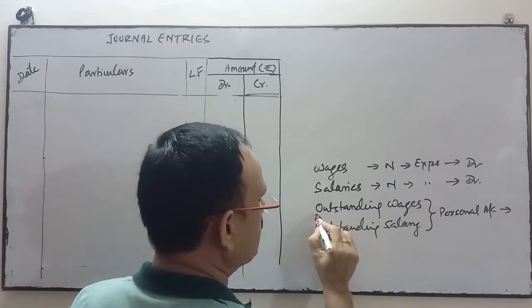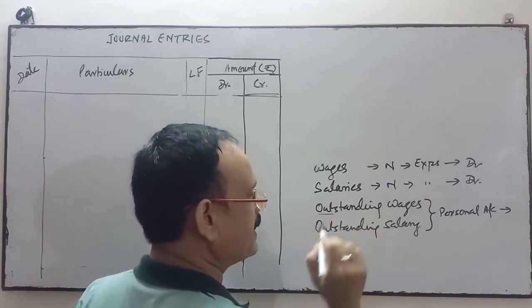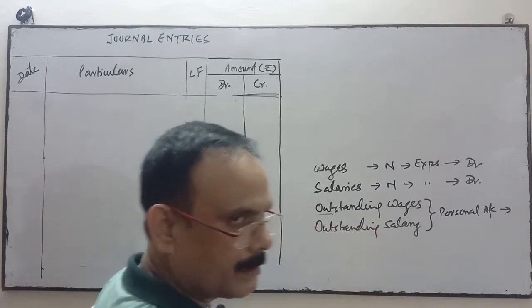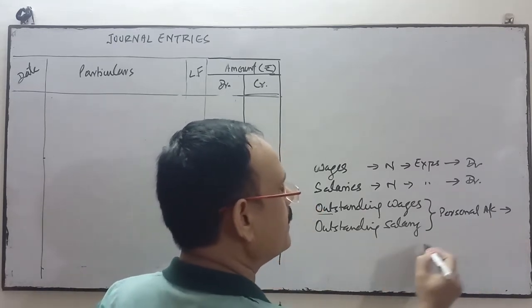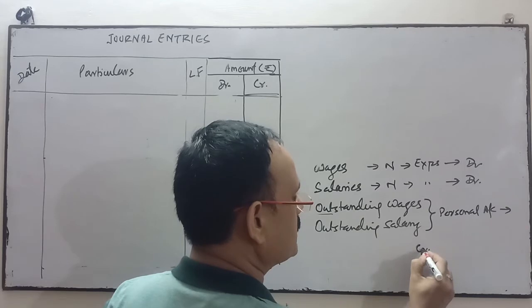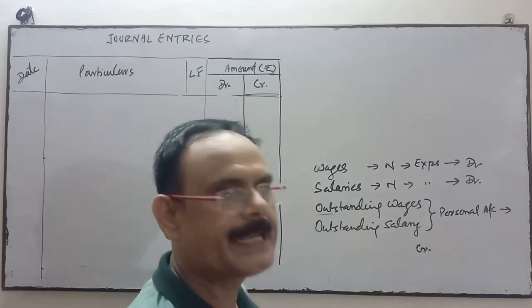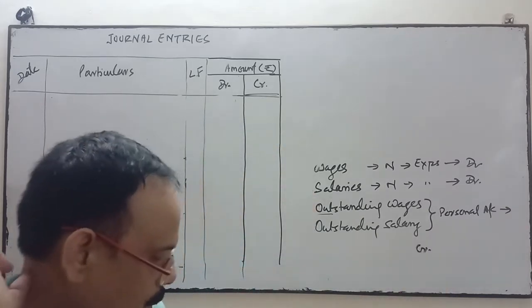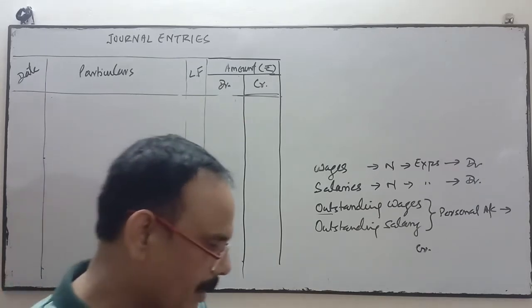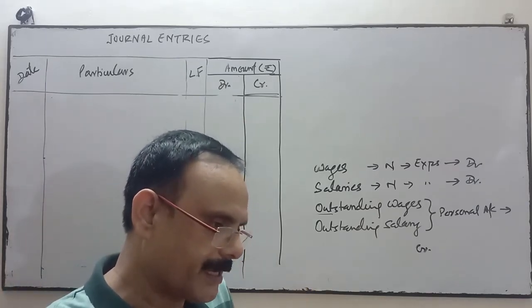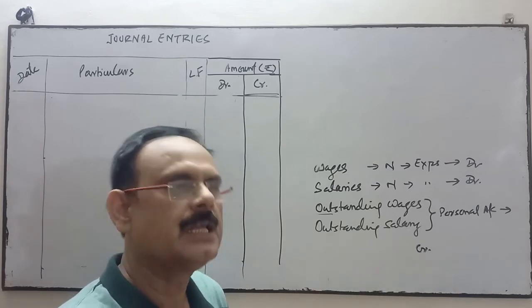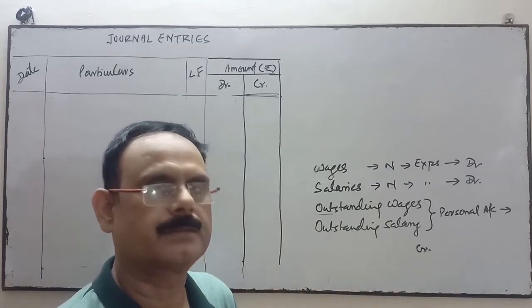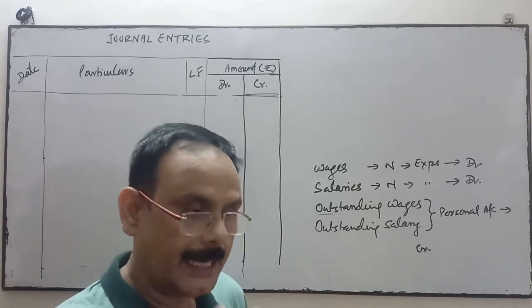So here outstanding wages or outstanding salary, we'll credit these two, outstanding wages and outstanding salary, because we have not paid the amount of salary and wages to the employee. It means that amount is in our business.